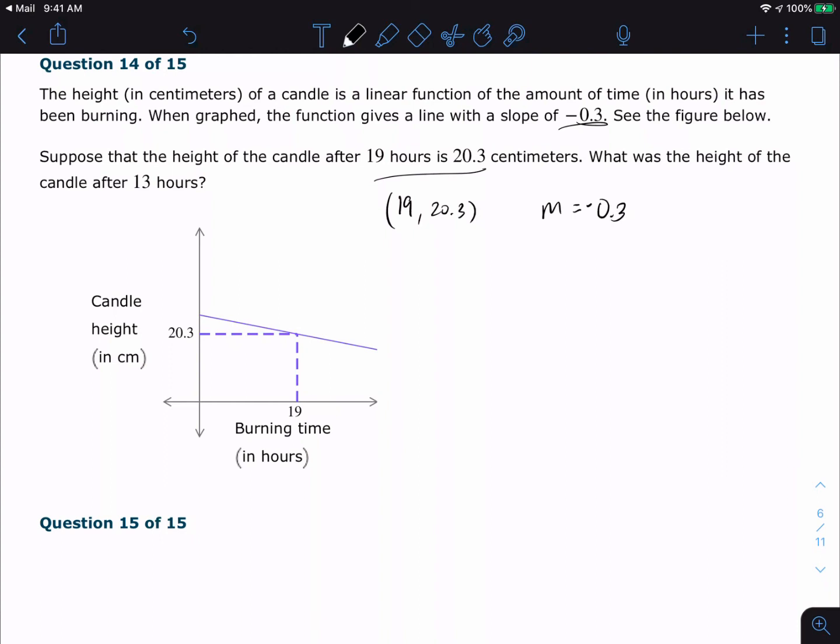In fact, let me get a calculator because I'm going to need it for this piece. So I'm going to get 20.3 is equal to negative 0.03 times 19, plus b, because we need to find out what the equation is, right?